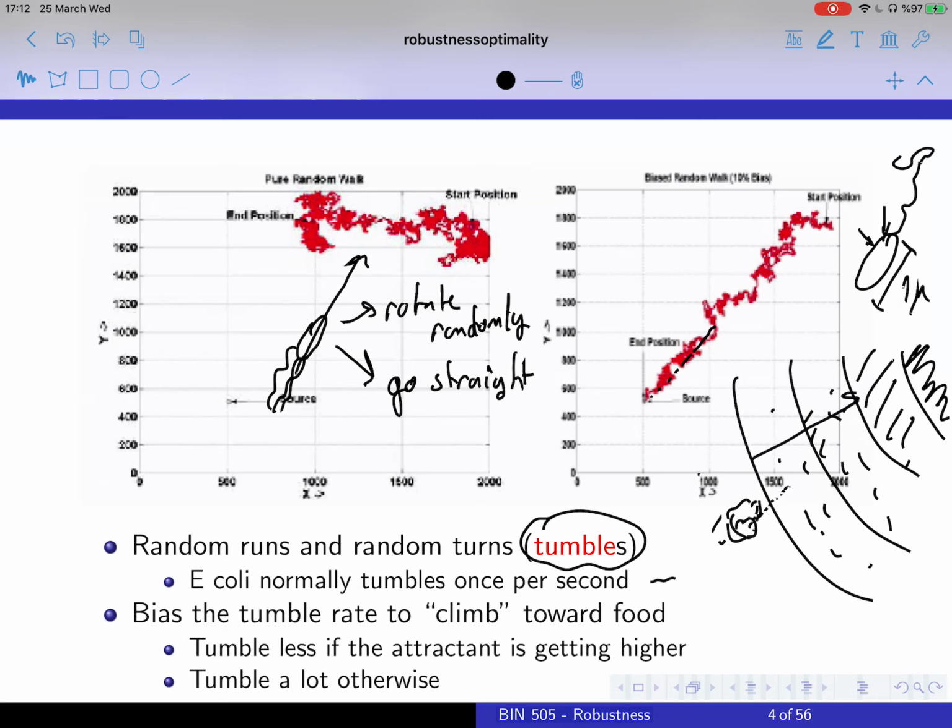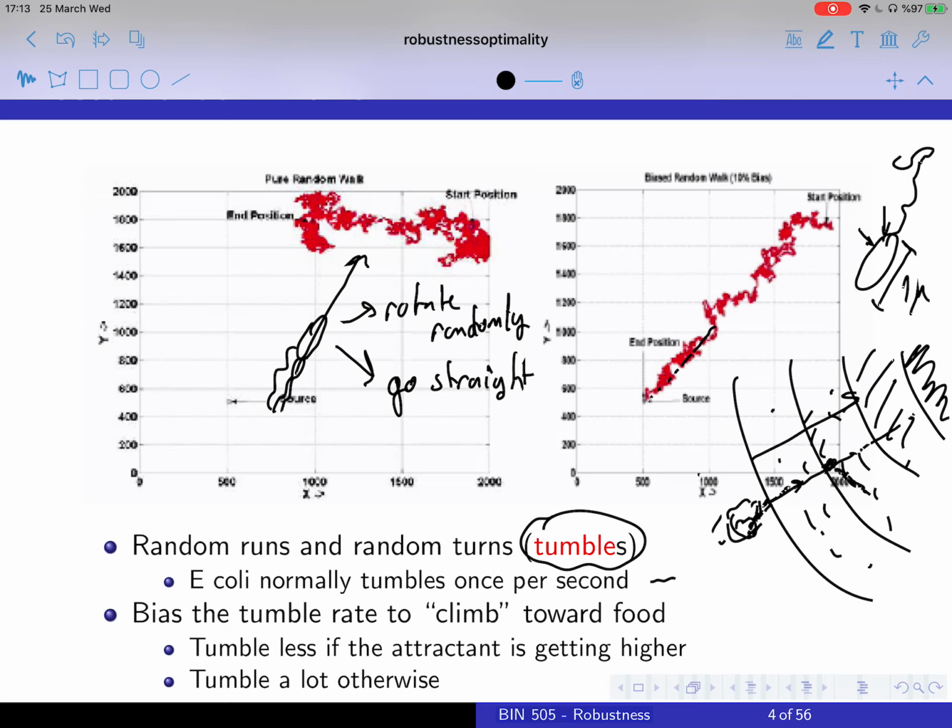So you did your tumble and you started running, and you realize that the attractant is getting more concentrated. So now you decide, okay, I'm going good, so let me not tumble for a while. So I move again, and so on and so forth. You tumble less and less. Maybe sometimes randomly you tumble, and you start going this way.